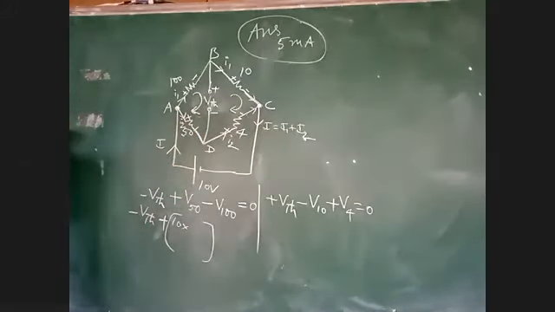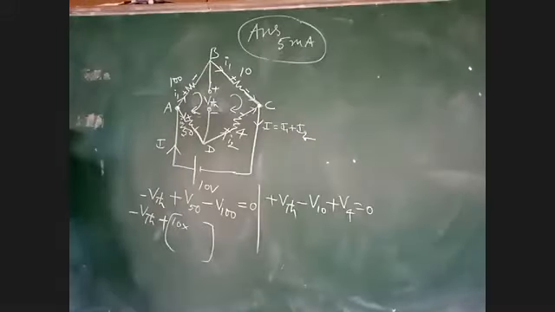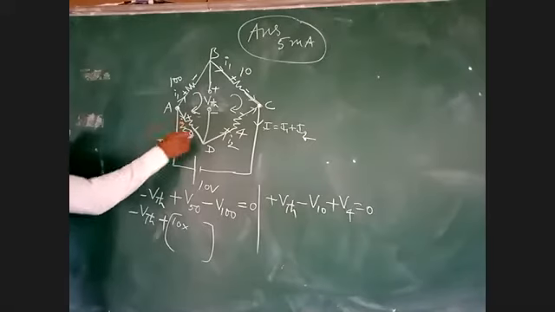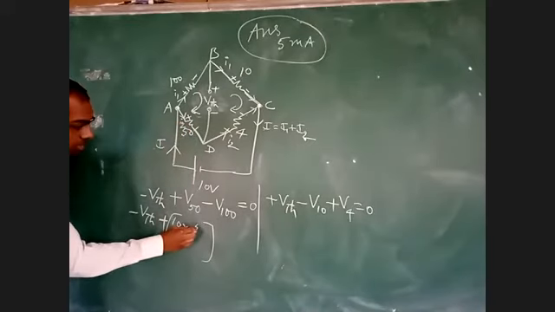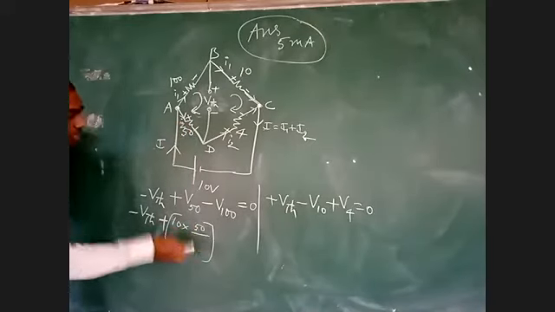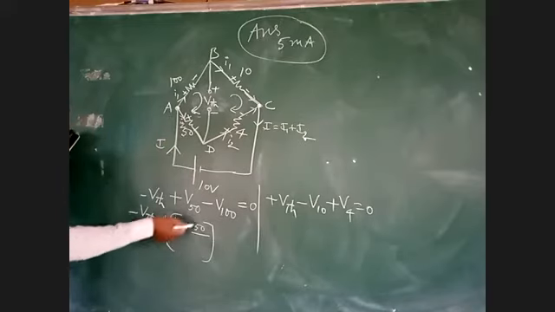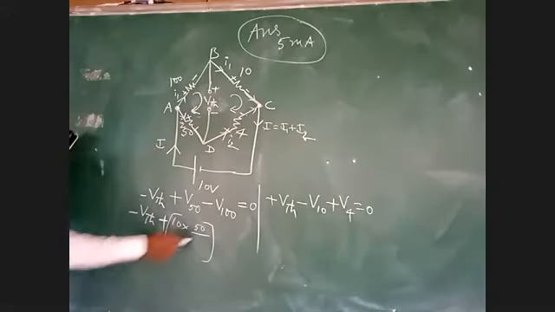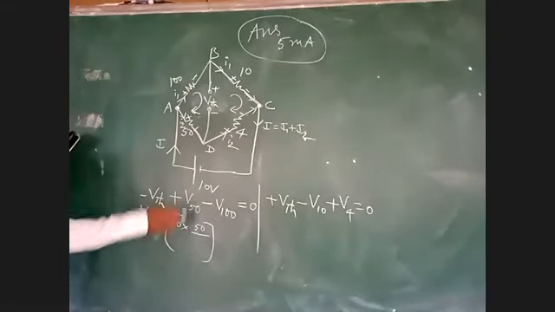Total voltage into same branch resistance. Same branch resistance means 50 only. If it is current divider, opposite branch. In voltage divider, same branch resistance 50 divided by what is the series connection for 50?